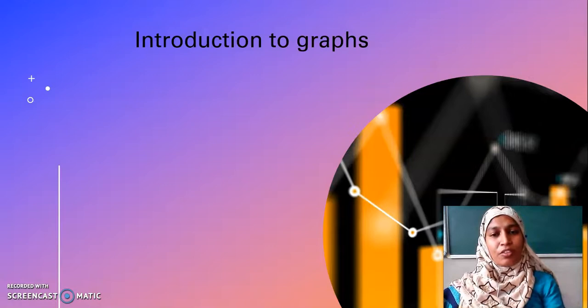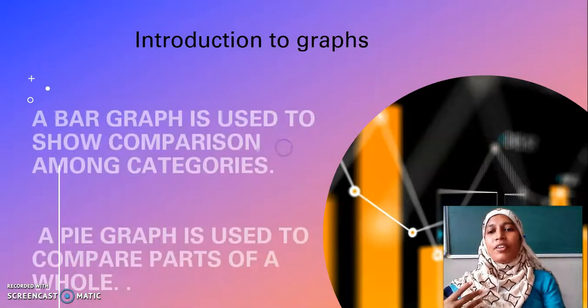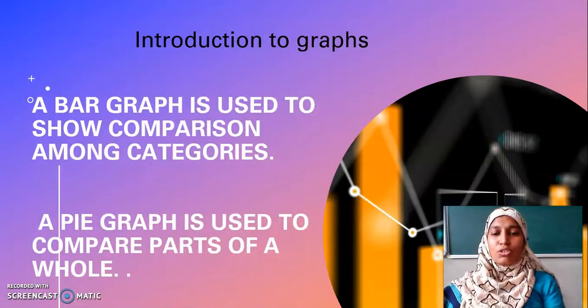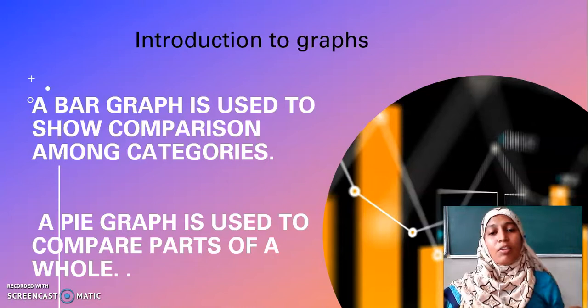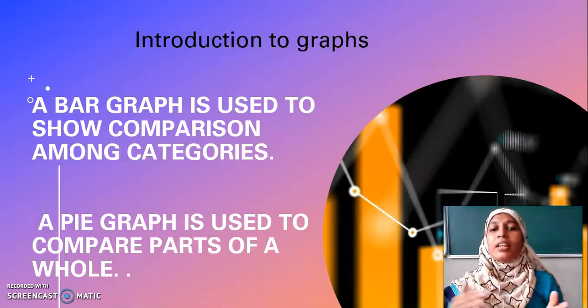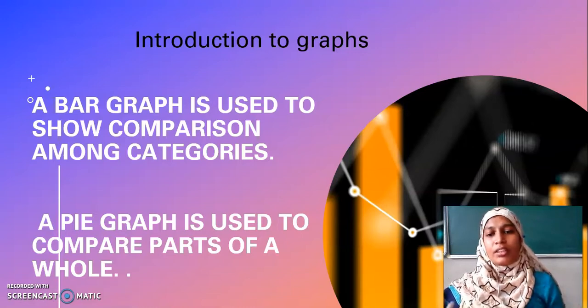How many types of graphs have we learned so far? Starting from the bar graph. This bar graph is used to show comparison among categories. There will be different categories, and it is used to compare two categories or more than two categories.